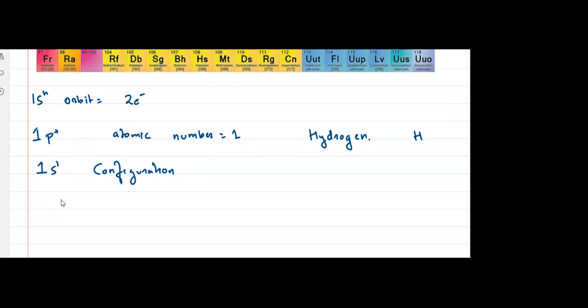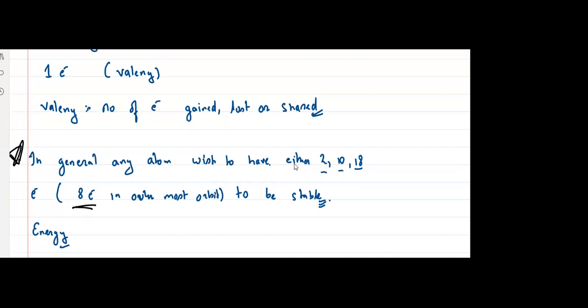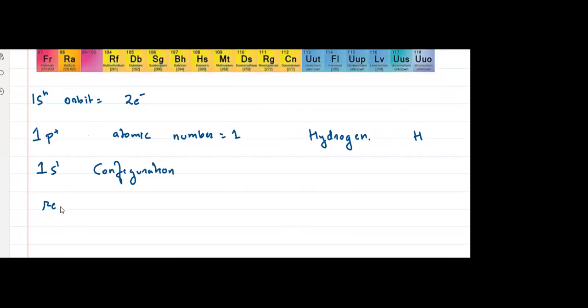Now tell me, how many electrons does this atom require to be stable? Sir, 1 electron, because it should be either 2, 10 or 18. It has only 1 electron, so it requires 1 electron to be stable.